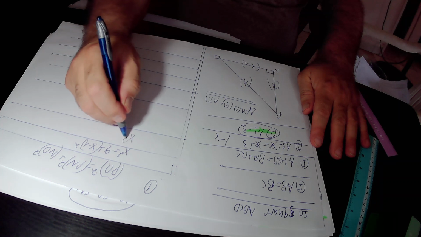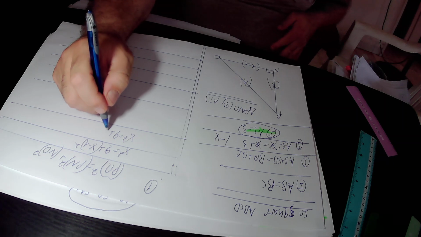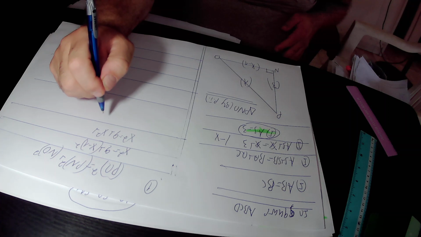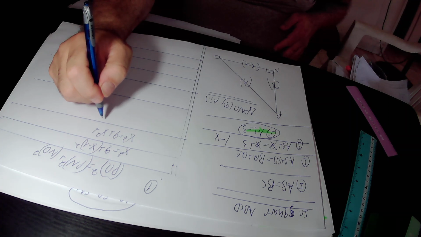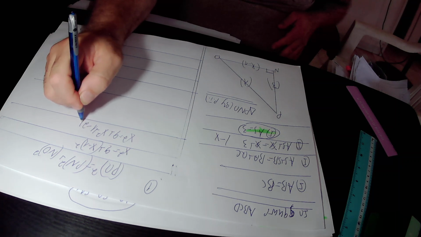So x squared equals 9 plus (x minus 1) squared. (x minus 1) squared equals x squared plus 1 squared, that is 1, plus 2 times x times 1, that is minus 2x.